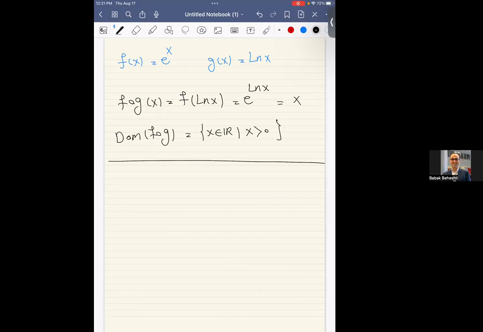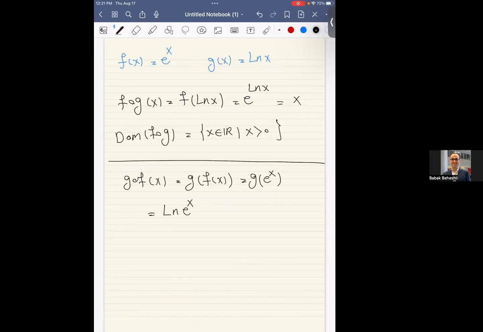Okay. How about g of f? G of f of x is g of e to the power x. But now the difference is you first have e to the power x, and e to the power x is already positive. That means for either x negative or positive, e to the power x is positive.